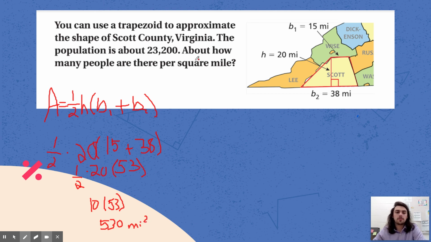Now I have to write a ratio. Remember that the word per means I'm writing a ratio or a fraction. So how many people are there per square mile? I have to find the unit rate of how many people there are per 1 mile. I know how many people there are in the county, and I know how many square miles the county is. So if I want to get 530 square miles down to 1, I'm going to divide by how many square miles there are.